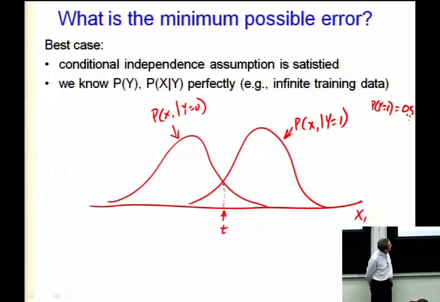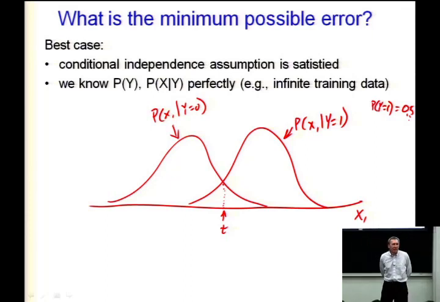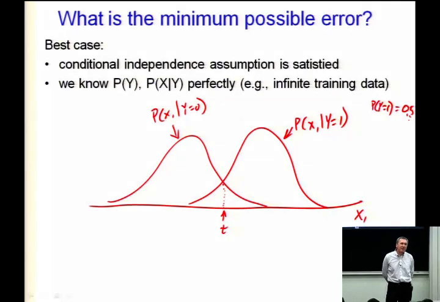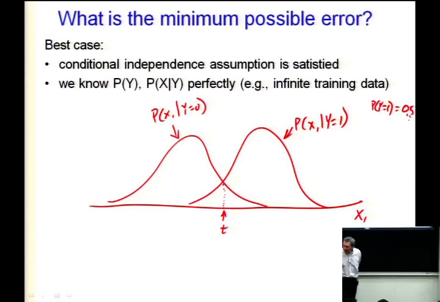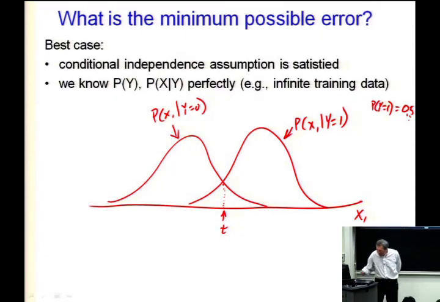Now we get a new student to classify. What's the probability that we'll misclassify that new student? It's the probability under this region.